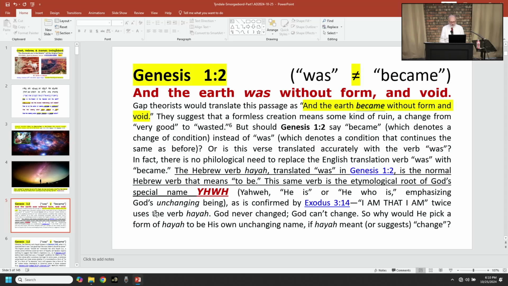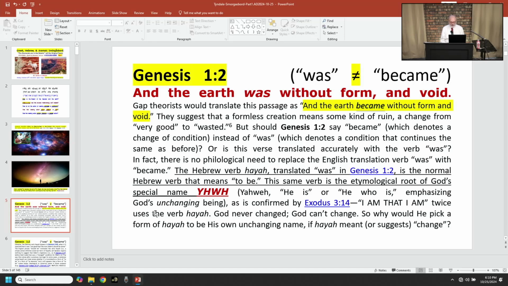And those who advocate the gap theory or ruin and reconstruction theory have looked to that verse in hopes that it buttresses their theory about Earth's origins.